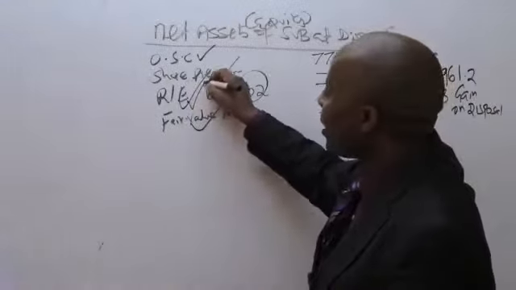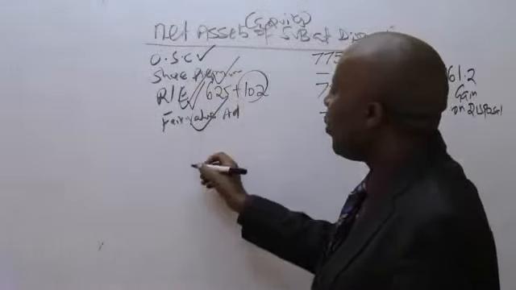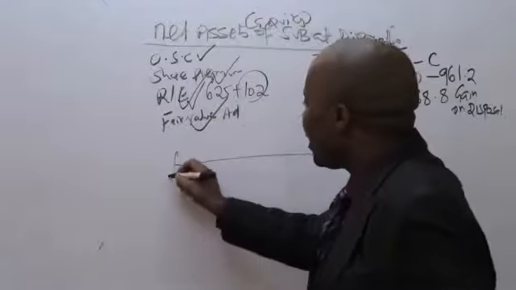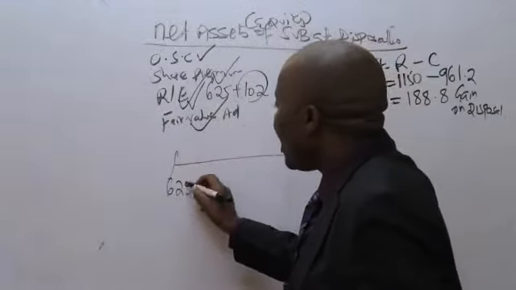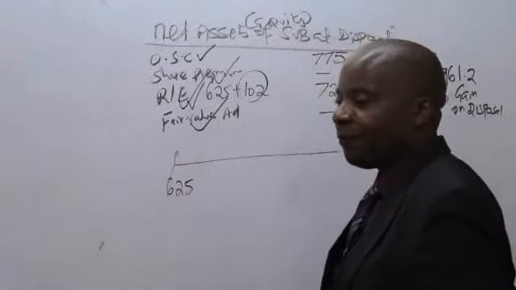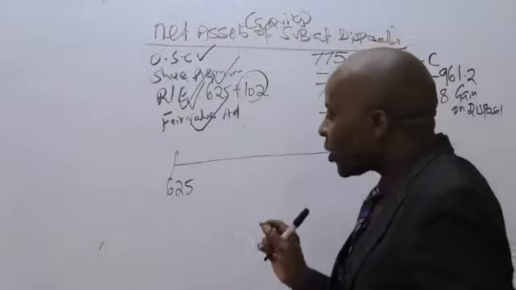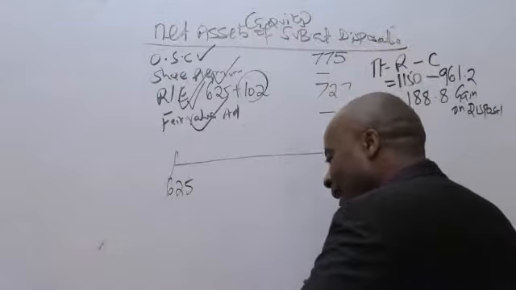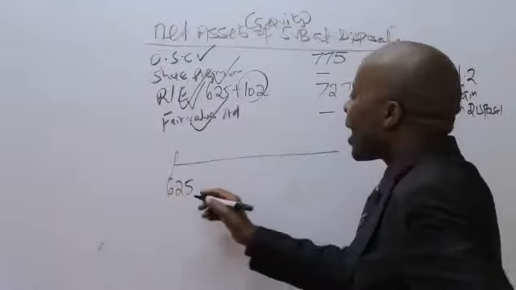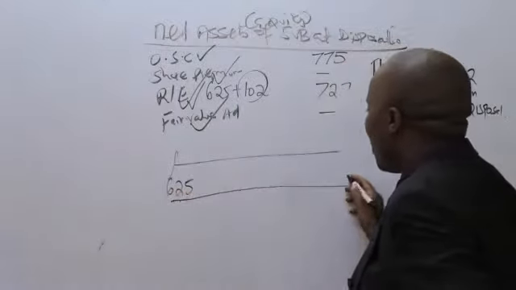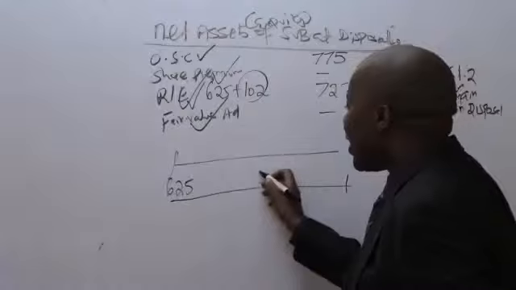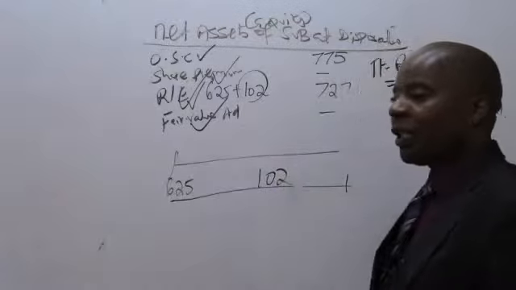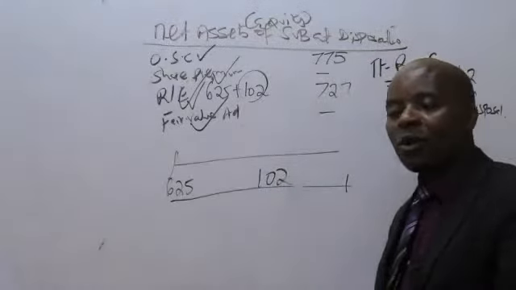Retained earnings, Mary is asking why add. When we bought this company we bought it having retained earnings of 625. So this 625 retained earnings at the beginning, the company was not asleep the whole year. It went ahead and made a profit, a comprehensive income of 102.